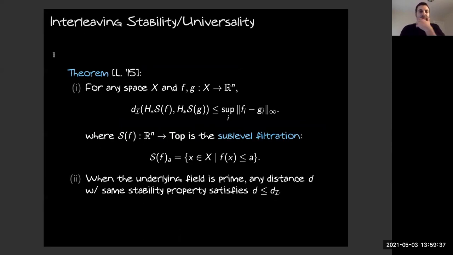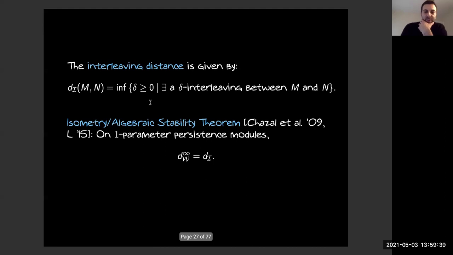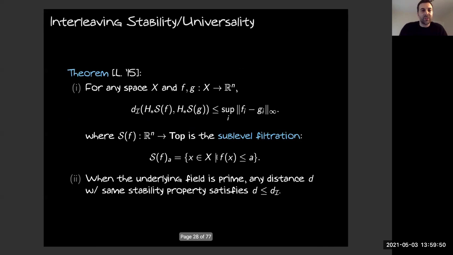I should mention also that this theorem is a generalization of the functional stability theorem, the first stability theorem that we saw. So it's essentially an algebraic generalization. Now, it turns out that there also is a notion of functional stability for the interleaving distance for multiparameter persistence modules, concerning some kind of generalization of the sublevel filtrations that we saw already.